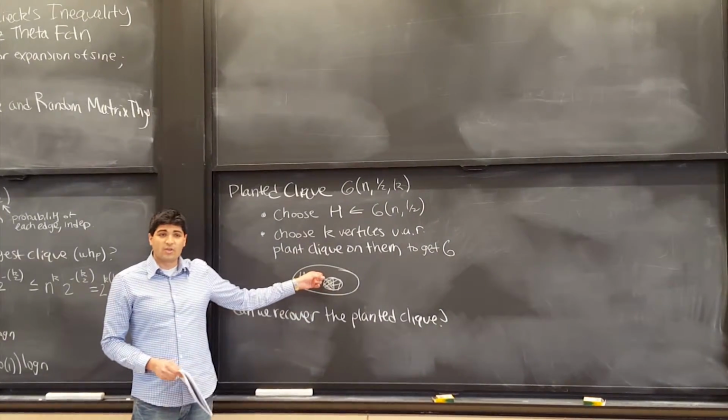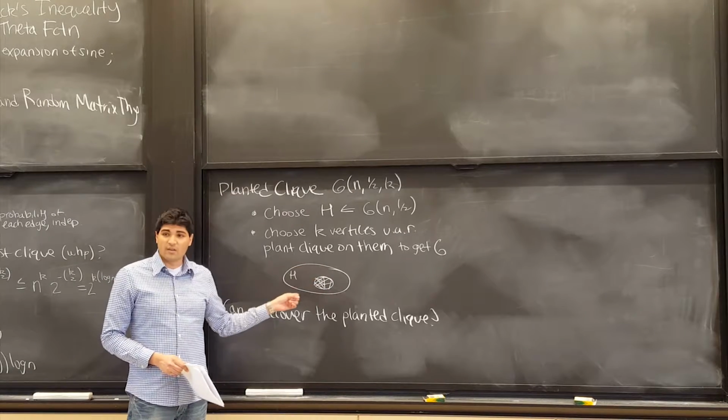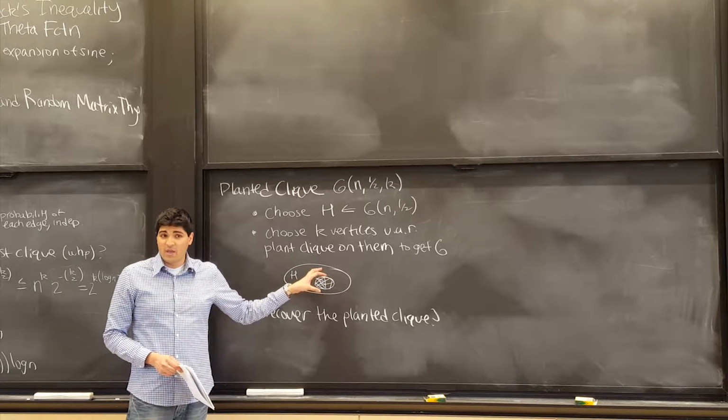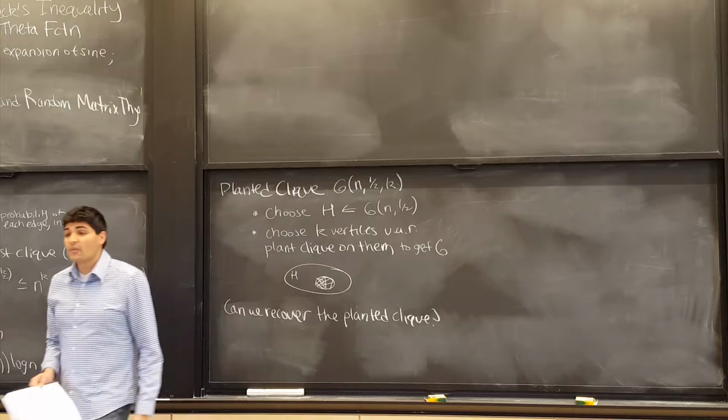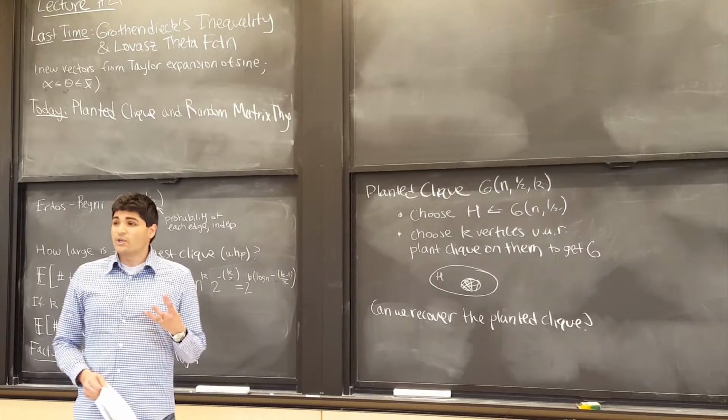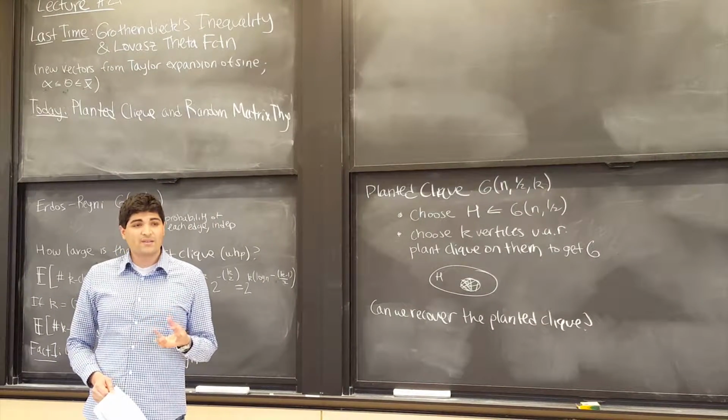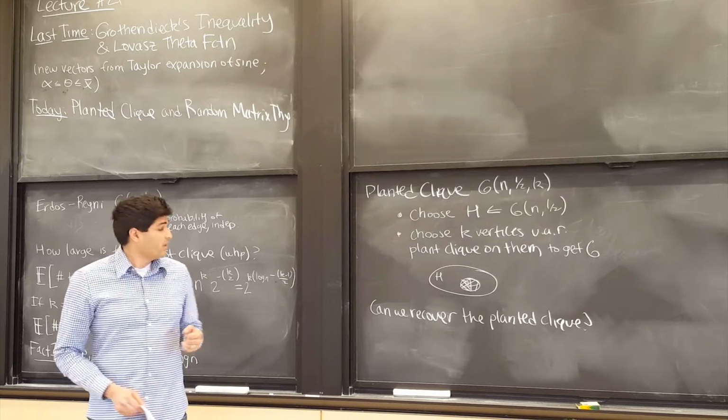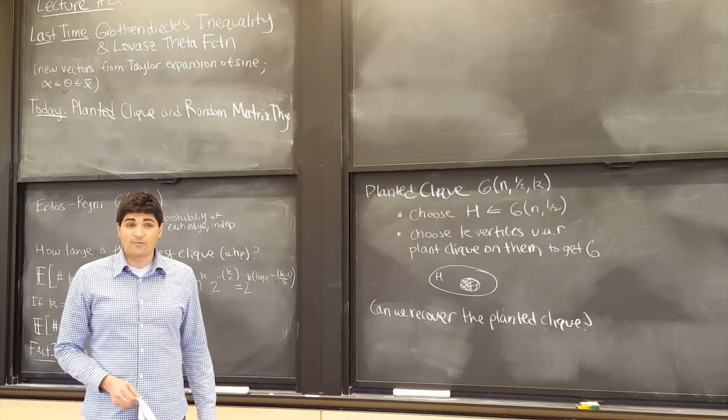You need to do a little bit more work to show that none of the other vertices in the graph actually participate in that clique. But it's not hard to show that information theoretically, this is a problem which you can solve even when the clique you're planting is very, very small compared to the number of vertices in the graph.